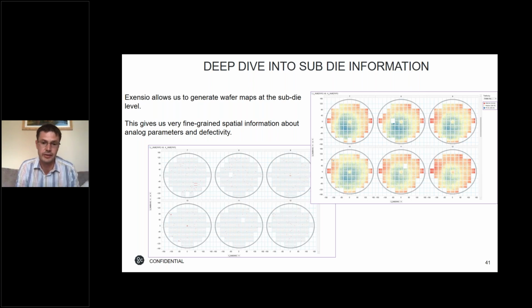And again, we have parametric data, and we have pass-fail data, which allows us to look at our yield management and defectivity. Again, these were somewhat novel data structures. We've developed them ourselves, and in clever ways we're compressing data to keep the test data file size down. PDF is able to import that without any problem. It's taken away a lot of manual data wrangling from our point of view.